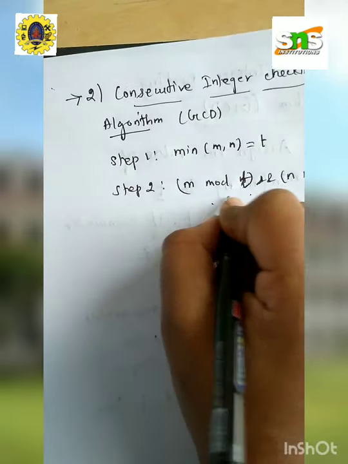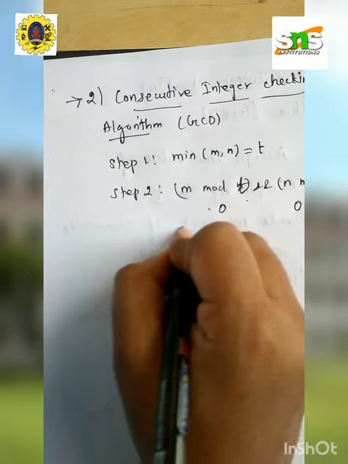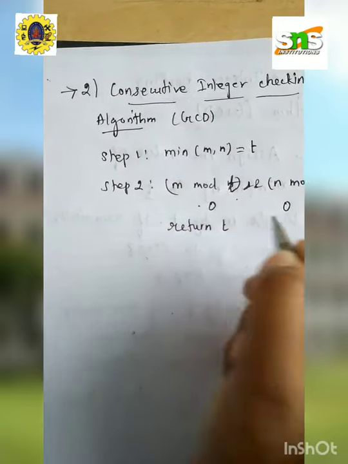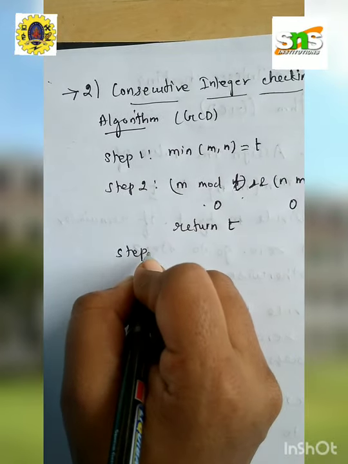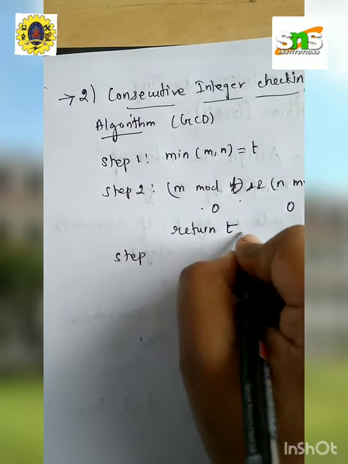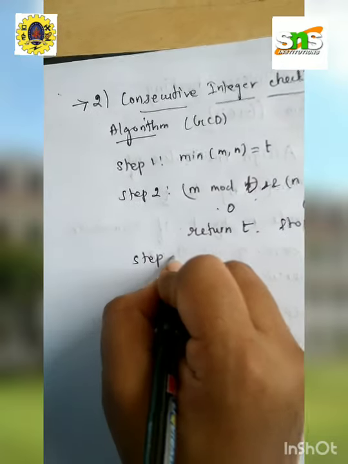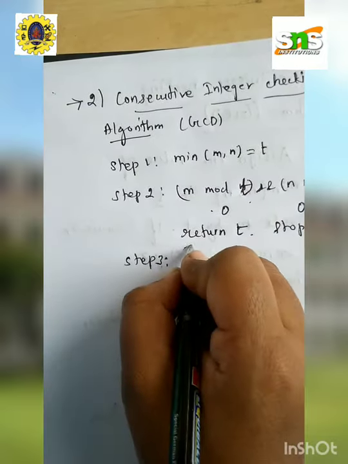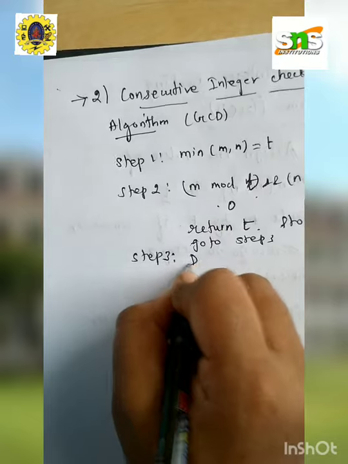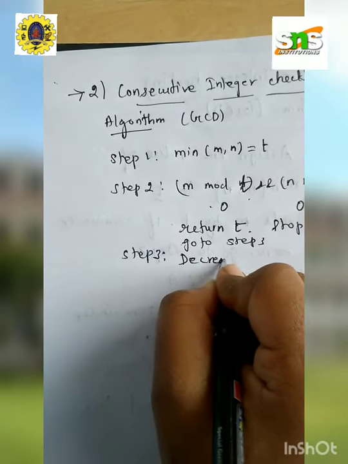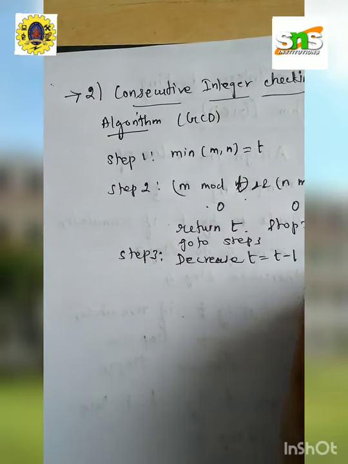If both m mod t is equal to 0 and n mod t is equal to 0, then return t and stop the process. Otherwise go to step 3, that is decrease t: t is equal to t minus 1 in each step.